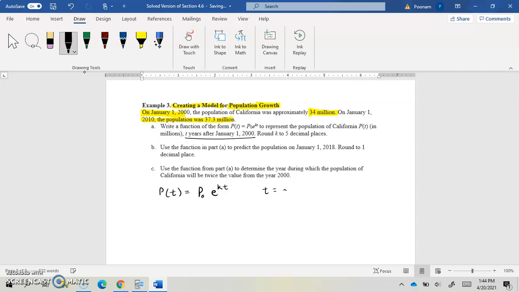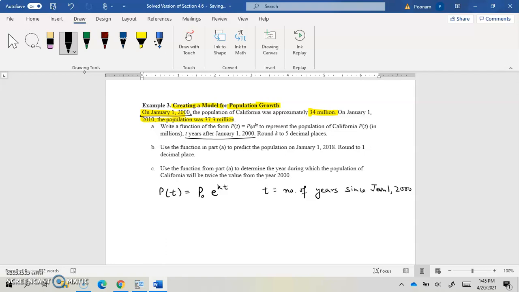So t is the number of years since January 1st, 2000. Round k to 5 decimal places. Now, what do we have here? In this kind of function, when are we starting?